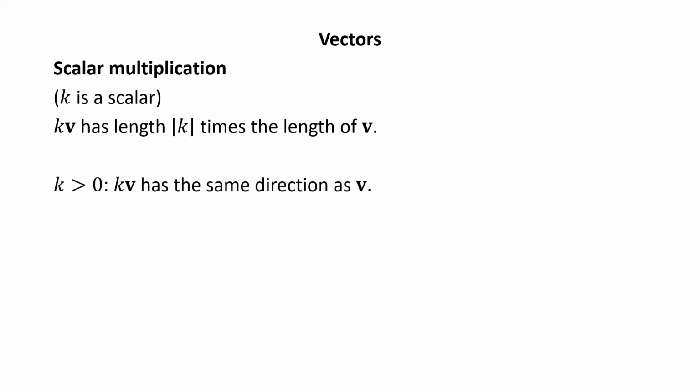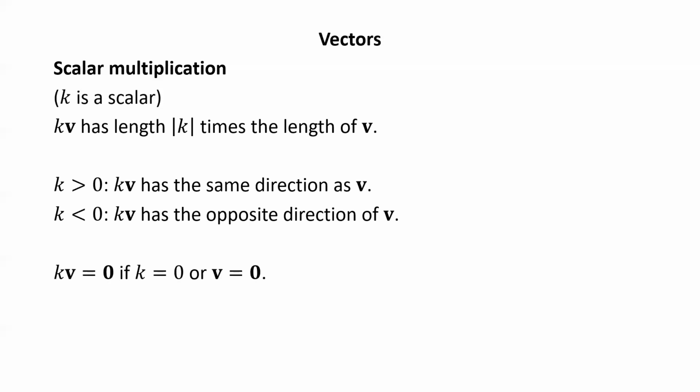If k is positive, then kv has the same direction as v. And if k is negative, kv has the opposite direction of v. And the vector kv will be 0 if either k is the real number 0 or v is the 0 vector.